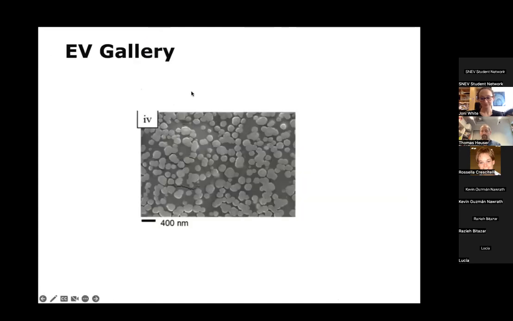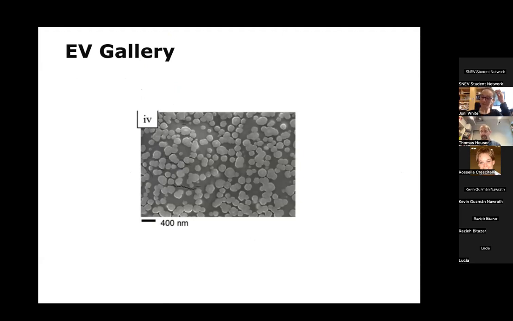I figured in this audience, we probably don't need to introduce what EVs are and why they are important, and therefore I wanted to just jump into the topic. There are many different electron microscopy methods, very different instruments available that you can use.